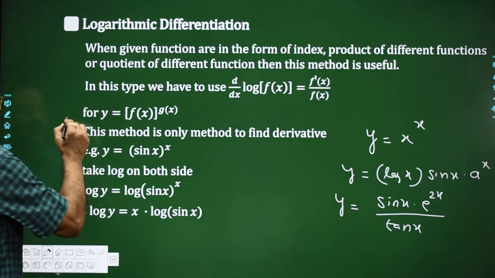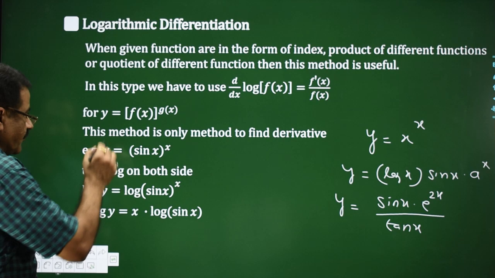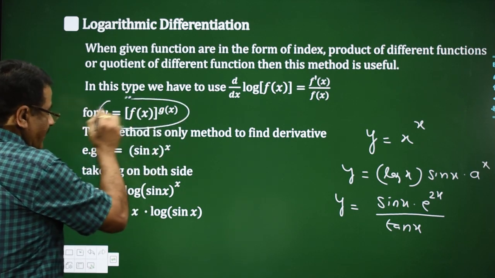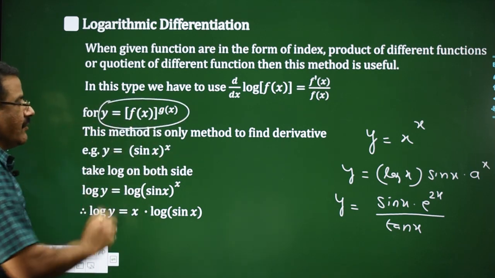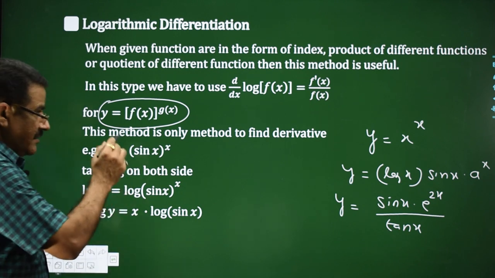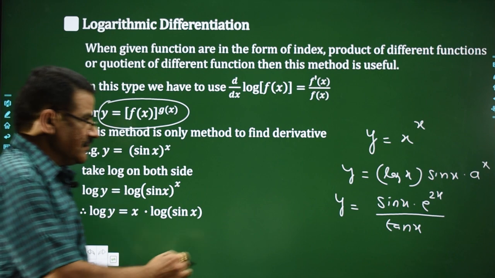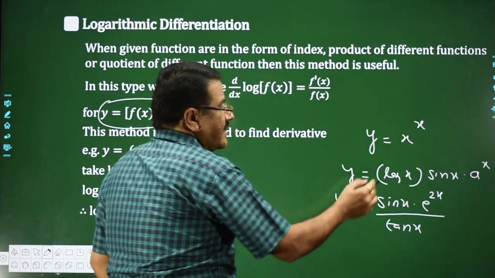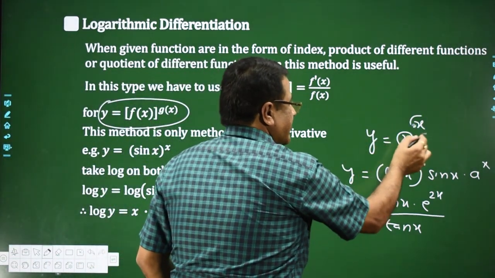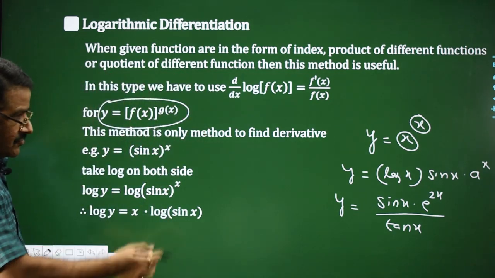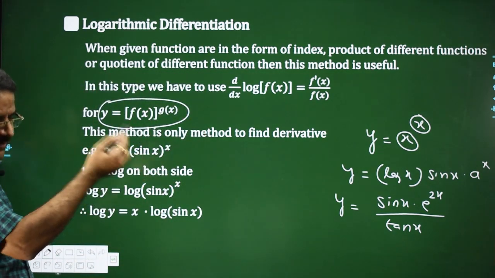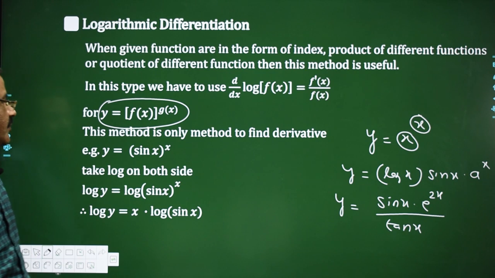Now, we can see that this method is very useful, particularly for this type of relationship, y is equal to f(x) raised to g(x). An example of this particular function is y is equal to x raised to x. Here f(x) is x, g(x) is also x. So, the same concept, that is the concept of logarithmic differentiation, we have to use here.